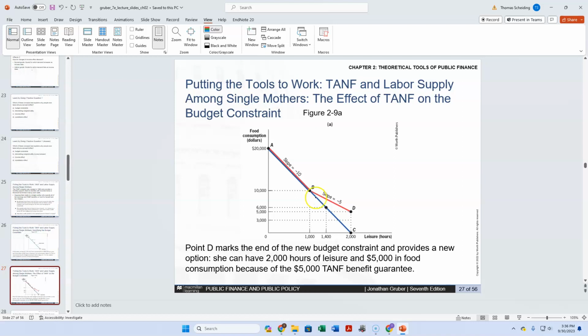So in this case, it starts to constrain her truly to having 2,000. She would be able to consume a certain amount of leisure, but still have some income because of this TANF benefit. But again, if she gets to a point where she exceeds the income bracket for receiving these benefits, the TANF benefit goes away.